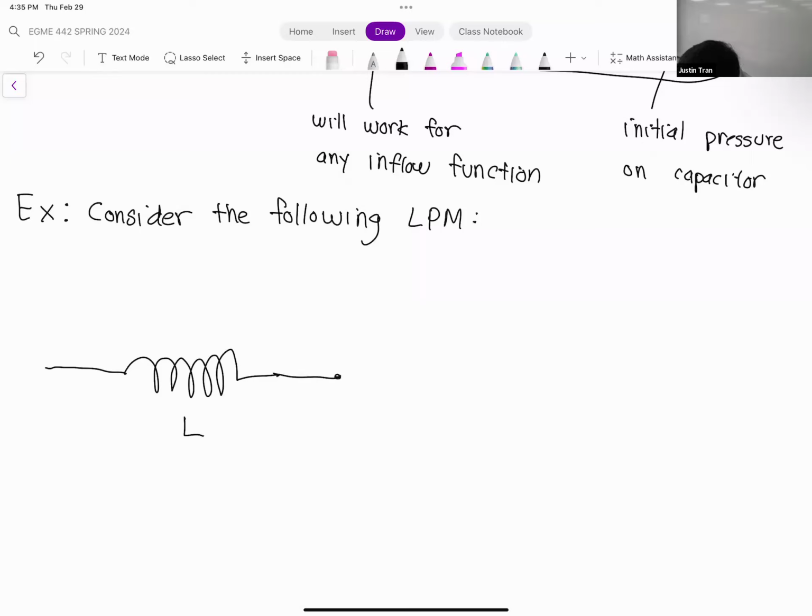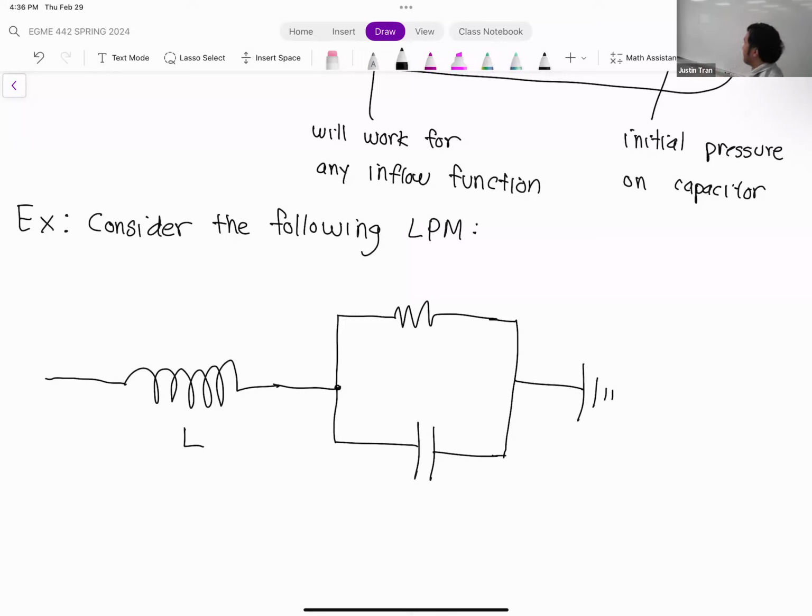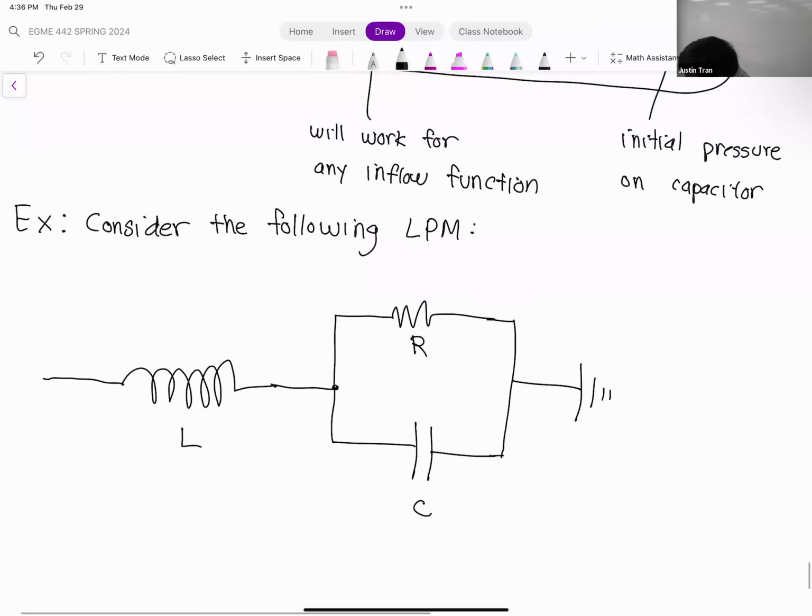This is going to lead to a split, just like that. We have our resistance and capacitance once again in parallel. That's a very common arrangement that you'll see, resistance and capacitors in parallel. And then in series with this entire arrangement is an inductor.